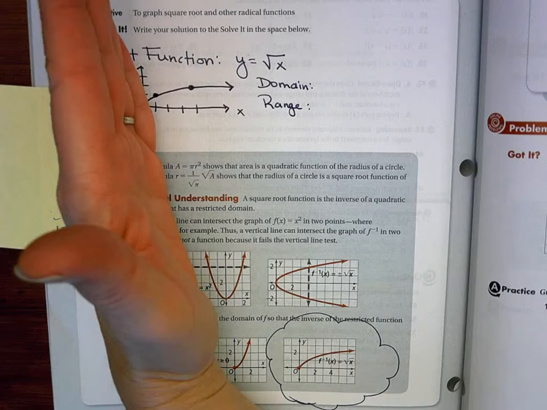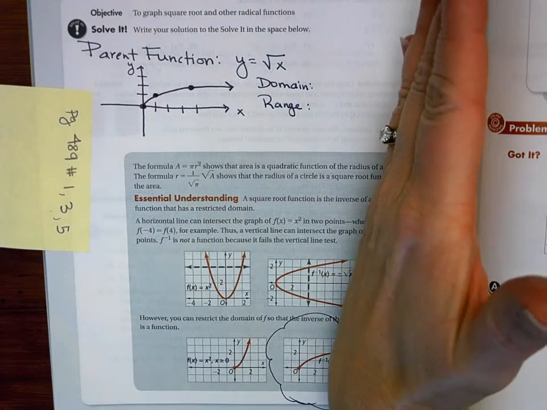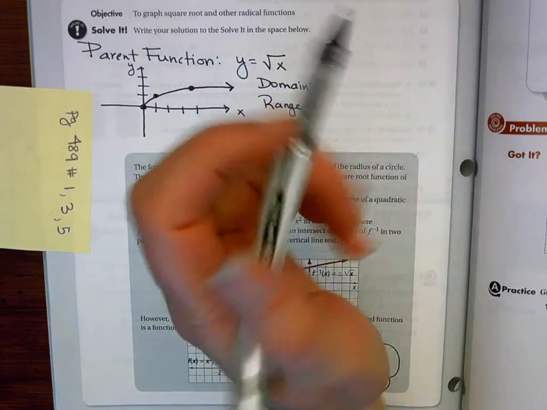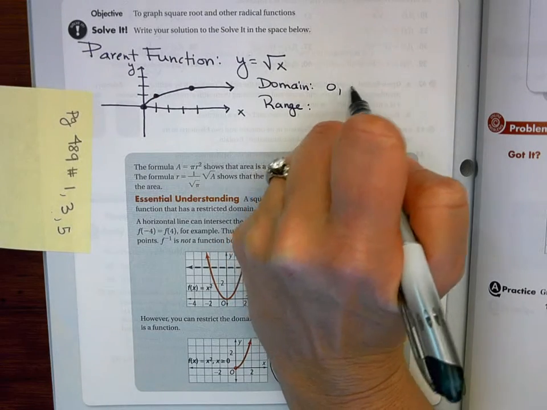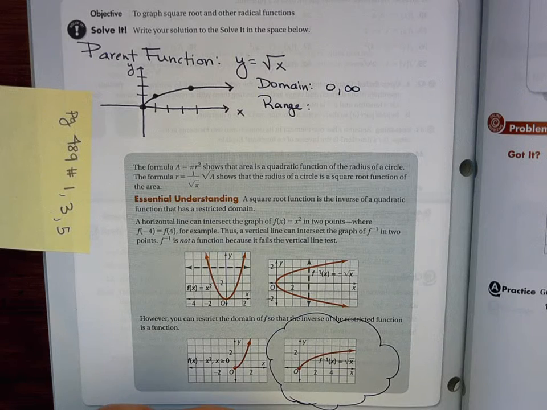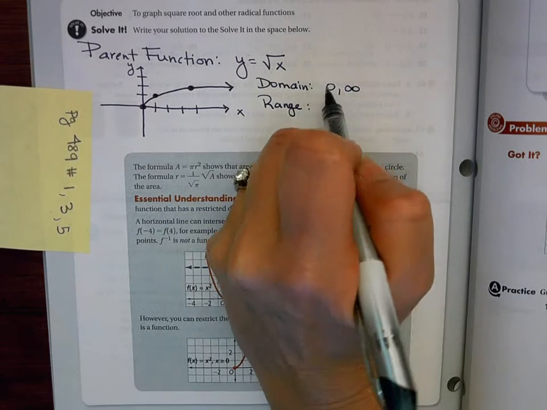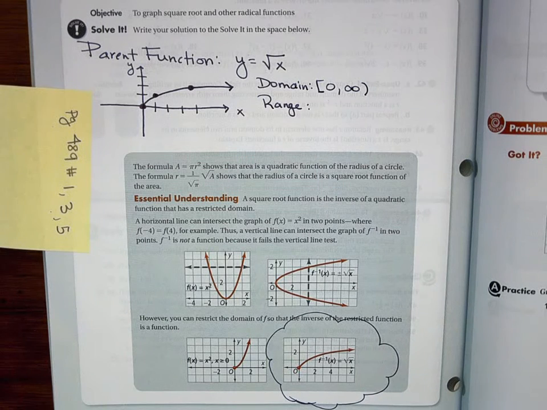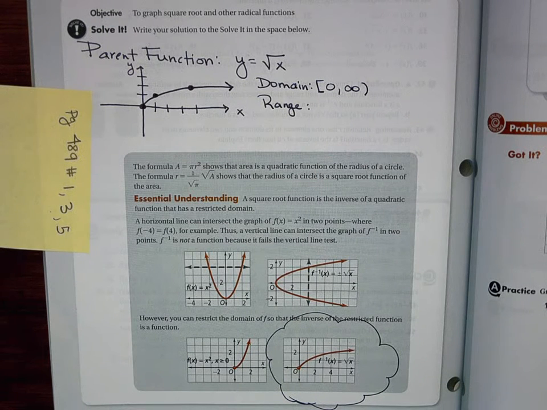Where does it start, and when does it stop? Okay, so it starts at 0 and stops at infinity. So we go from 0 to infinity, and then do you guys remember when do we use brackets, when do we use parentheses? Yep, so this is closed on the 0, open on the infinity. Okay, so closed on the 0, right, because it equals 0. And we can't ever equal infinity.